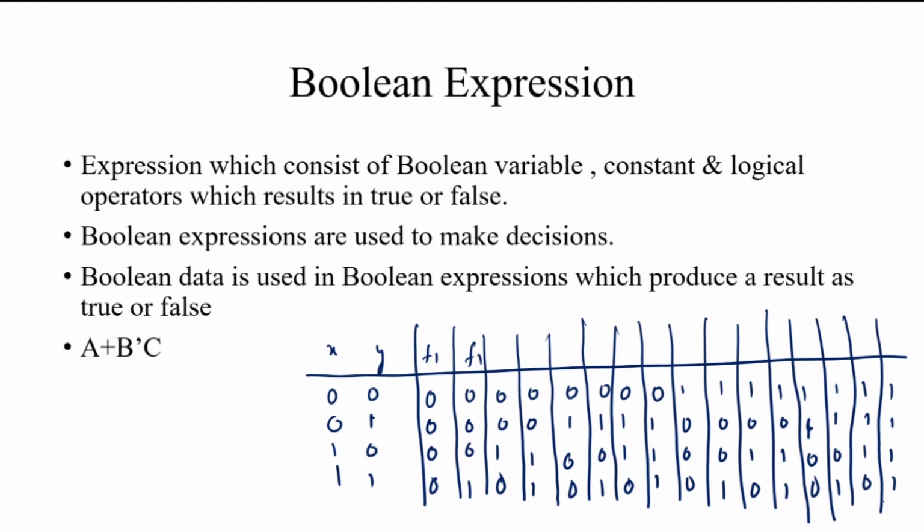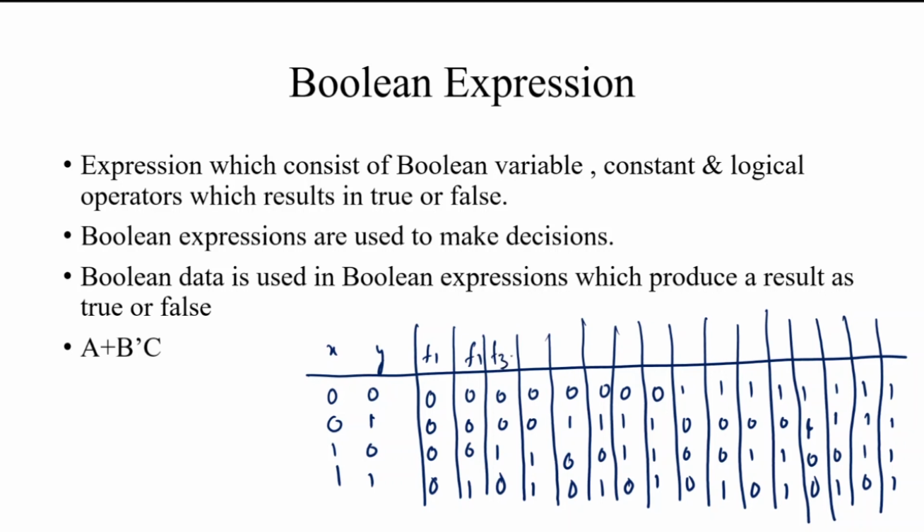What is the output of these functions? Whatever the possible values of x and y, whether x is 0 or 1, the output is always 0. This is nothing but f0, written as 0.